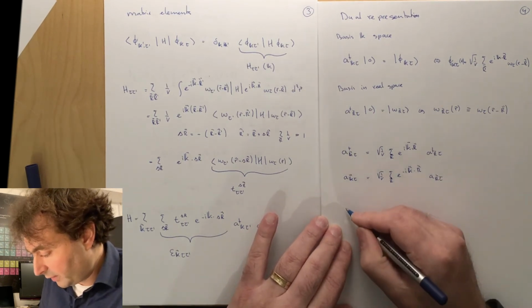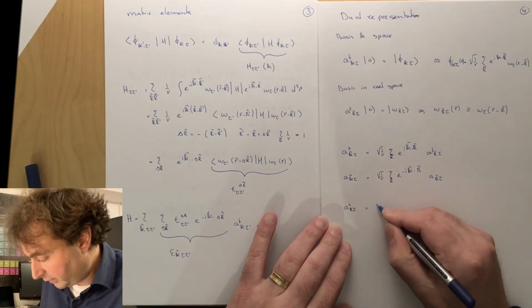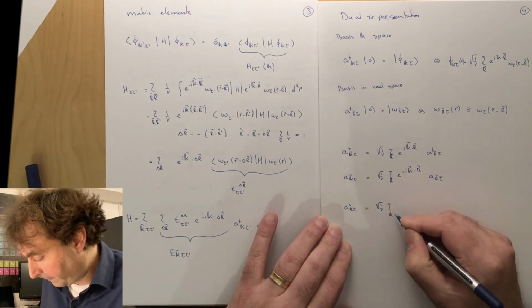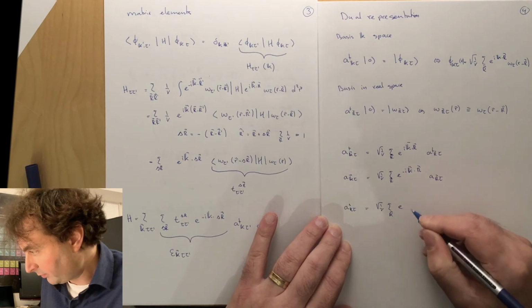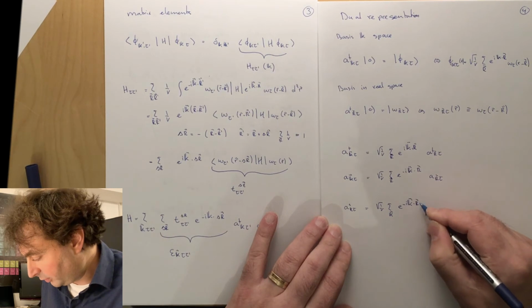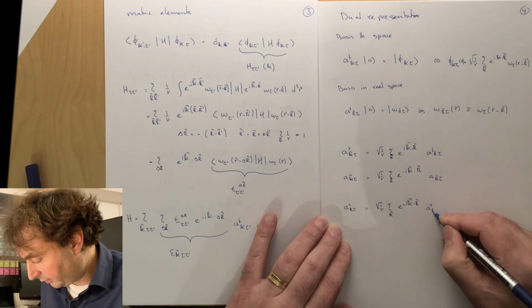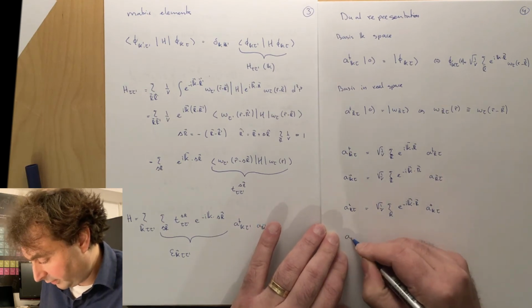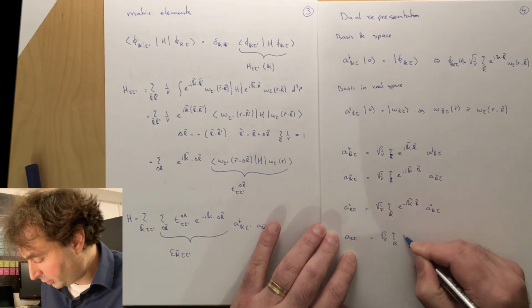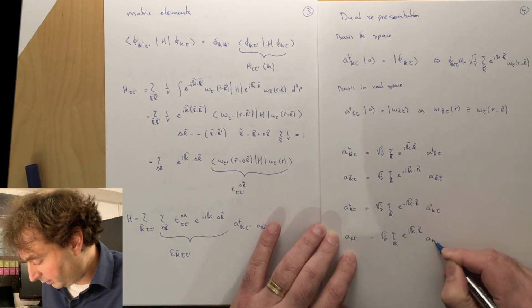And of course we can look at the inverse Fourier transform between them. a dagger r tau is square root 1 over v sum over all crystal momenta e to the minus i k dot r a dagger k tau, and a r for completeness is 1 over square root v sum over k e to the i k dot r a k tau.